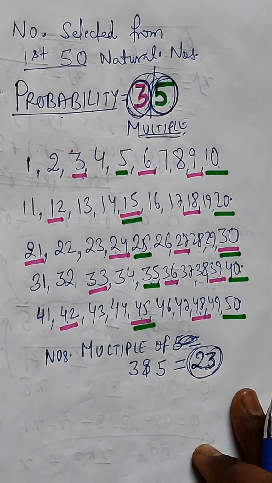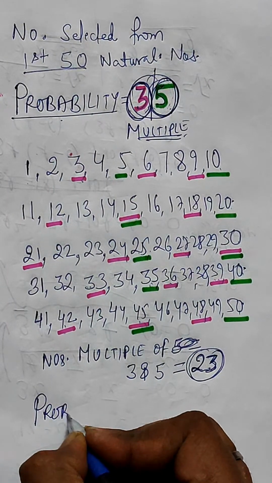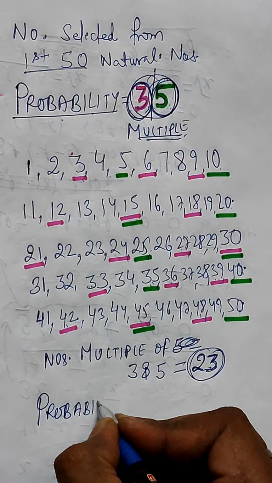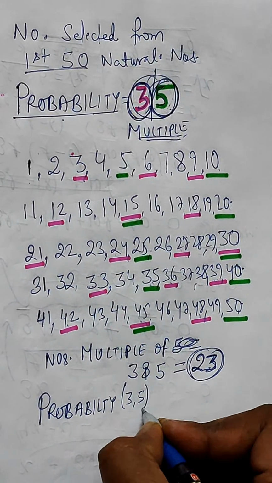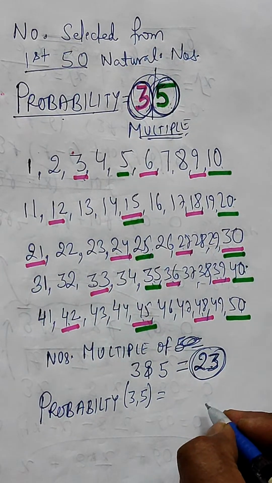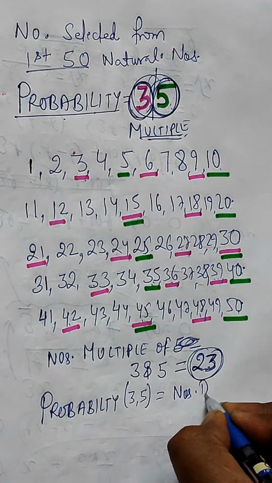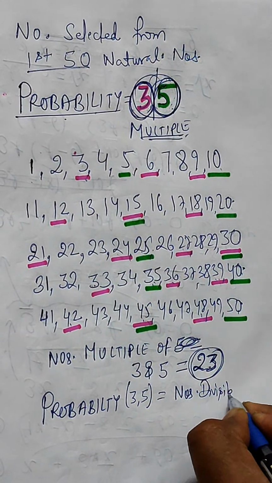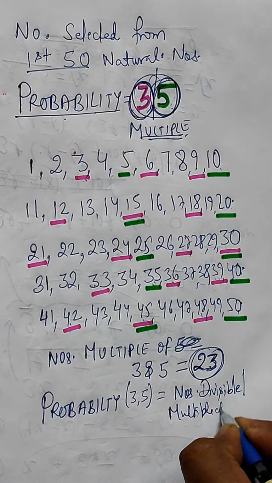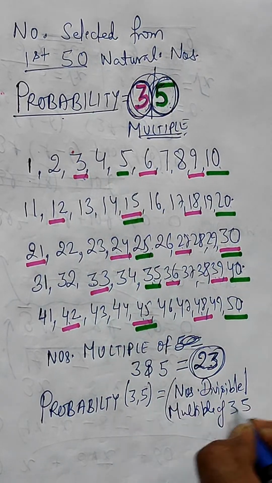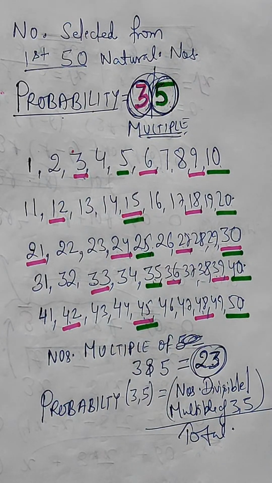Right? And what is the probability? Probability of a multiple of 3 or 5 is the number of favorable events, that means numbers divisible by 3 or 5, divided by the total, right?